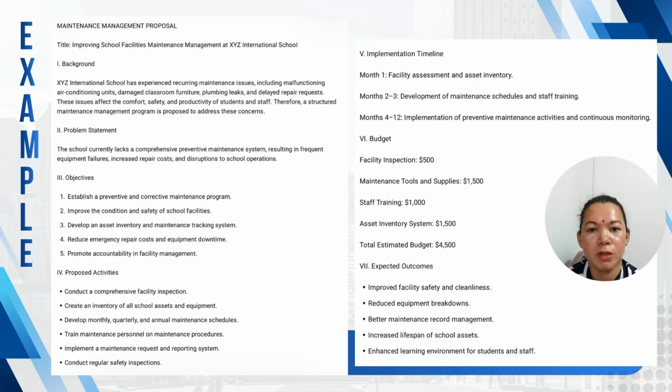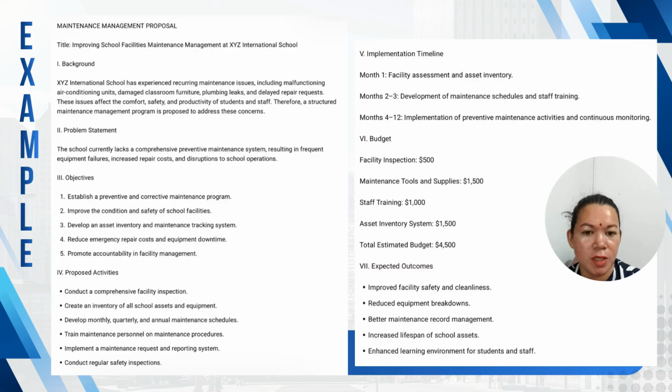And you have number six, budget. Facility inspection, you have $500. Maintenance tools and supplies, $1,500. Staff training, asset inventory system, total estimated budget.